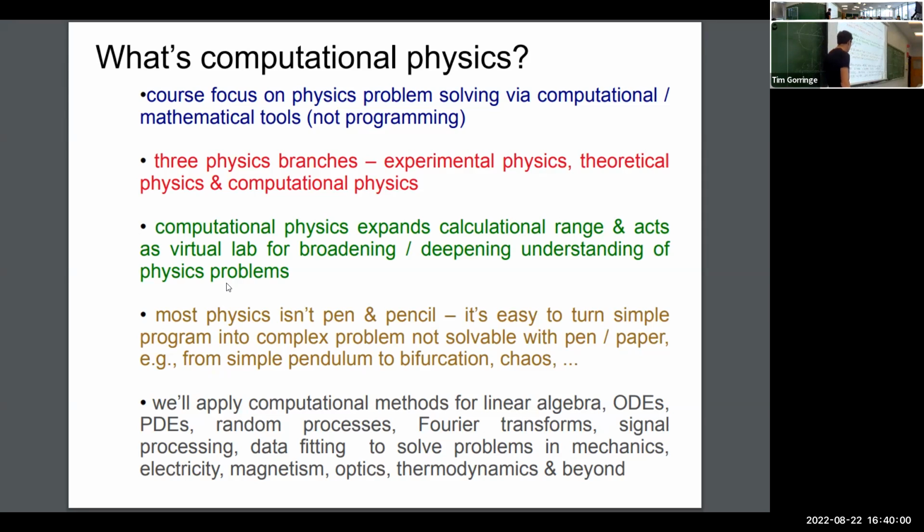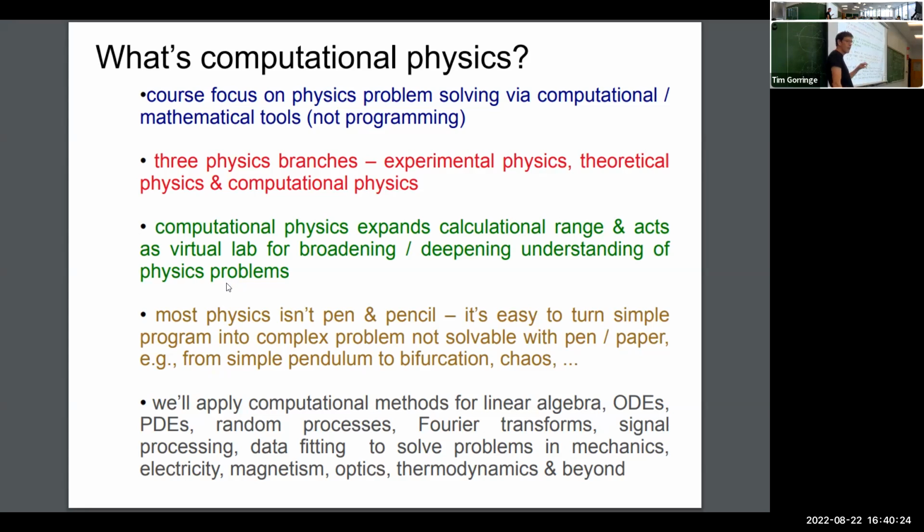So as we walk through the semester, we're going to be applying a lot of the methods of computational physics. We're going to be using linear algebra. We're going to be looking at solutions of ordinary differential equations and partial differential equations using computational mathematical techniques.